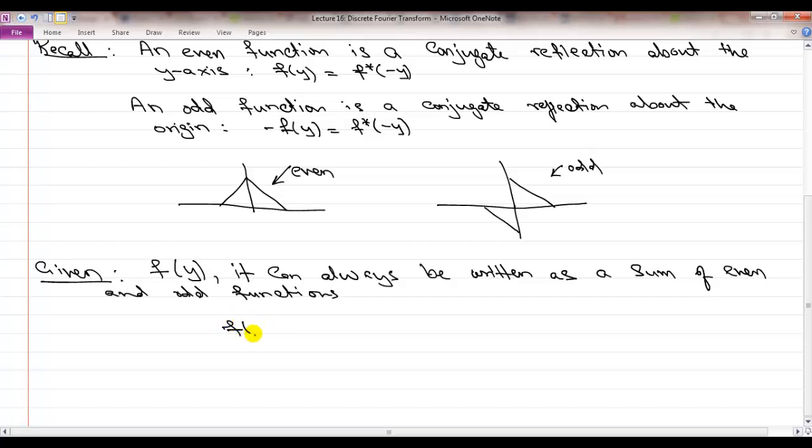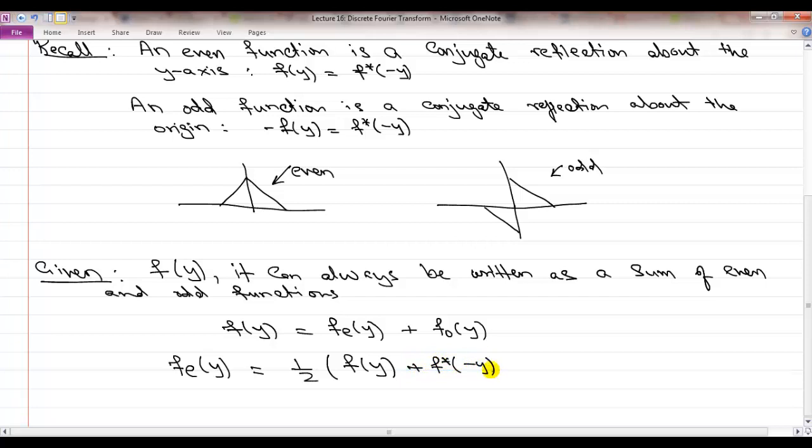So f of y can always be written as f_e of y, which is an even function, plus f_o of y, which is an odd function. And the way you derive this is f_e of y can be defined as 1/2 times f of y plus f conjugate of minus y, and f_o, that's half times f of y minus f conjugate of minus y.